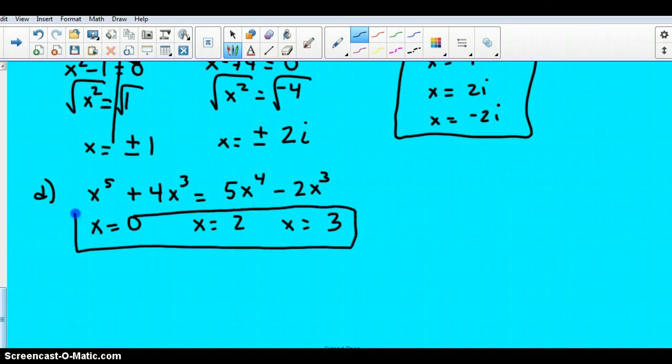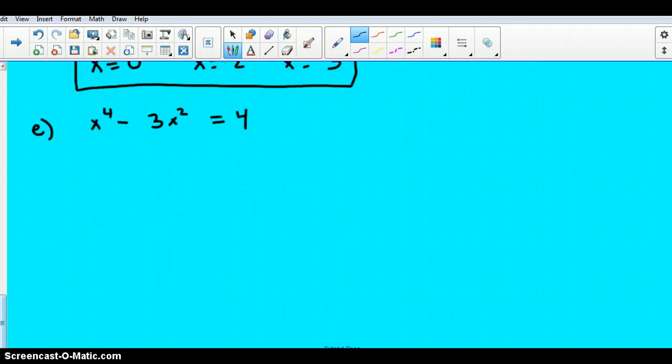And then the last one we want to talk about is E. x to the 4th minus 3x squared equals 4. I move the 4 over, so I end up with x to the 4th minus 3x squared minus 4 equals 0.